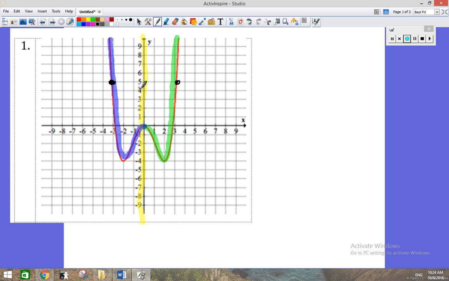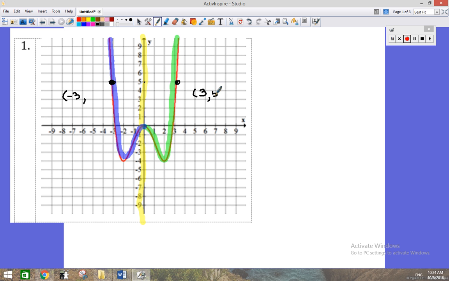Well, we don't have a negative distance, the direction is negative. To the left is negative, to the right is positive. So the x-coordinate here and the x-coordinate there are equal and opposite. This is +3, that's -3. Now, the y-coordinates are always the same for points of symmetry.